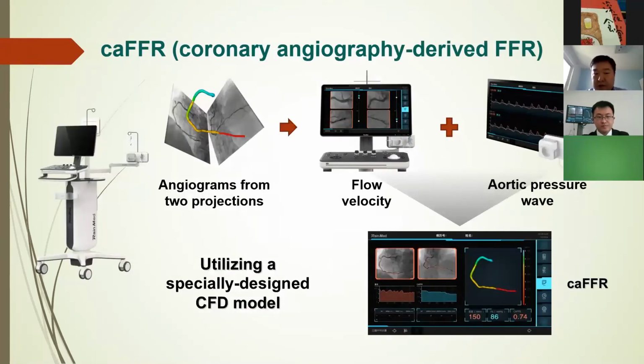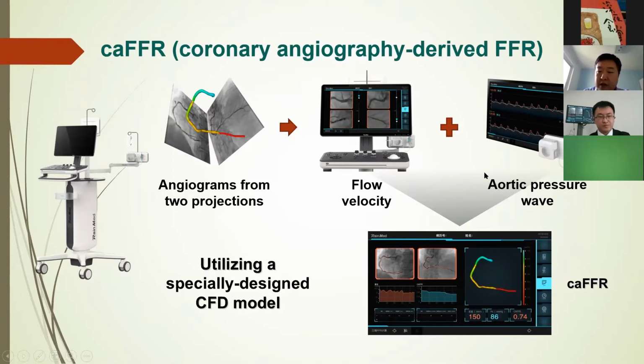The basic theory for the coronary angiography-derived FFR is that we base it on the angiograms from two projections and carry out the 3D reconstruction of the coronary arteries from the inlet to the most distal part. In this part, we can use the TIMI method to determine the flow velocity. We have the flow velocity in the CAFFR. We propose a new method. We have a new device we call the aortic pressure wave monitor.